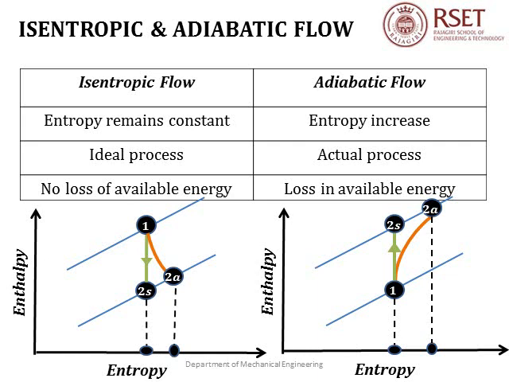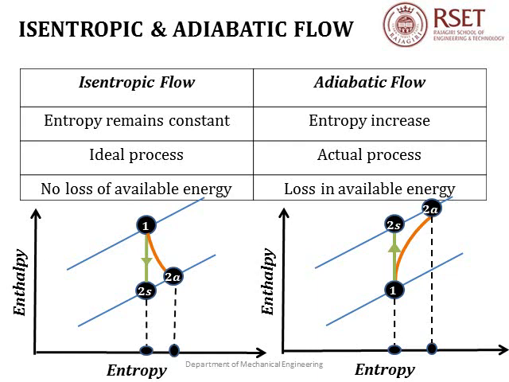Now let us see how we can represent isentropic and adiabatic flow in an HS diagram. We have shown here an expansion process as well as a compression process. Let us focus on the expansion process. The expansion takes place between two constant pressure lines.